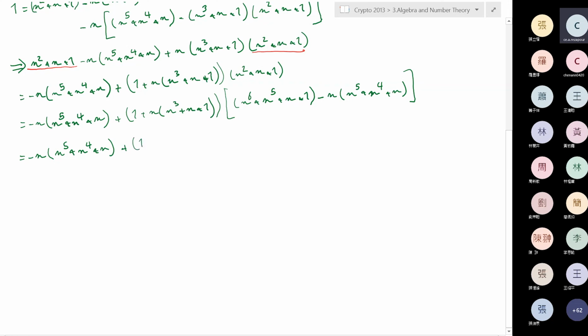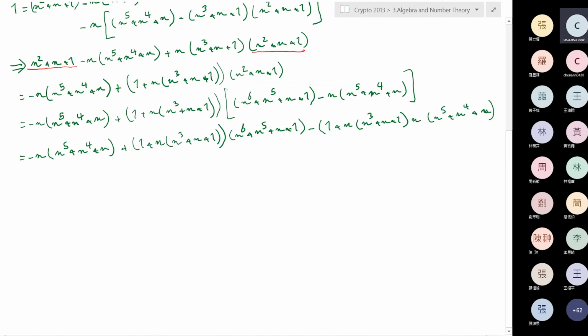So I'll get 1 plus x, x3 plus x plus 1, times x6 plus x5 plus x plus 1, okay? And then this is positive, this is negative, so I get minus 1 plus x, x3 plus x plus 1, multiplied by this x, and then multiplied by this one, x5 plus x4 plus x.